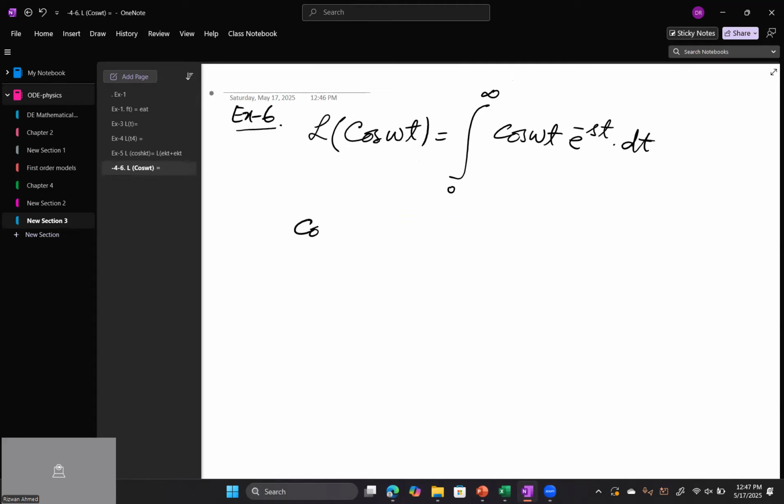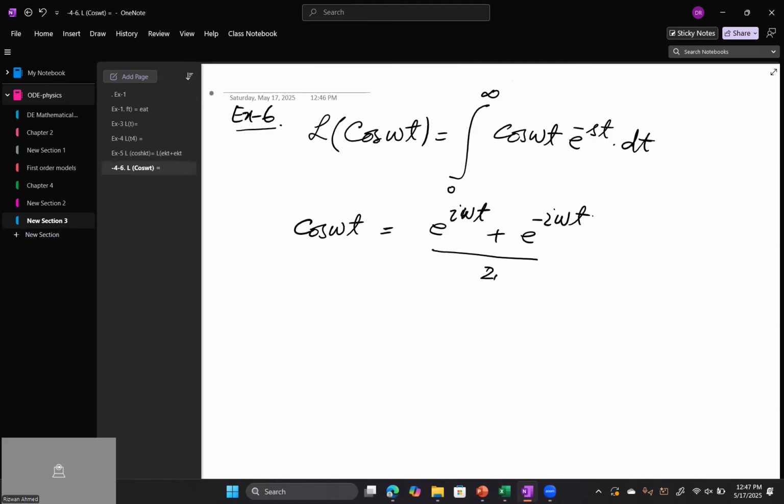But I'm going to use the definition I used in the context of the Laplace transform of hyperbolic functions. So cos omega t can be written as e raised to the power iota omega t plus e raised to the power minus iota omega t, divided by 2.